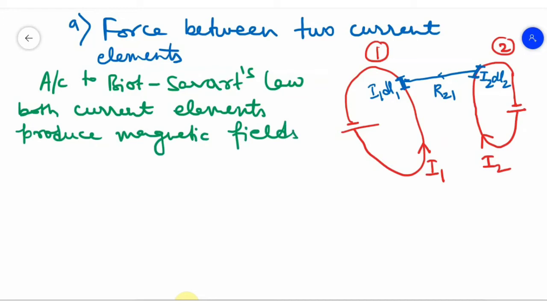Obviously if a current carrying conductor is there, then it will create a magnetic field, so both the current carrying conductors will produce their own magnetic fields. Now there will be the interaction between the two magnetic fields.